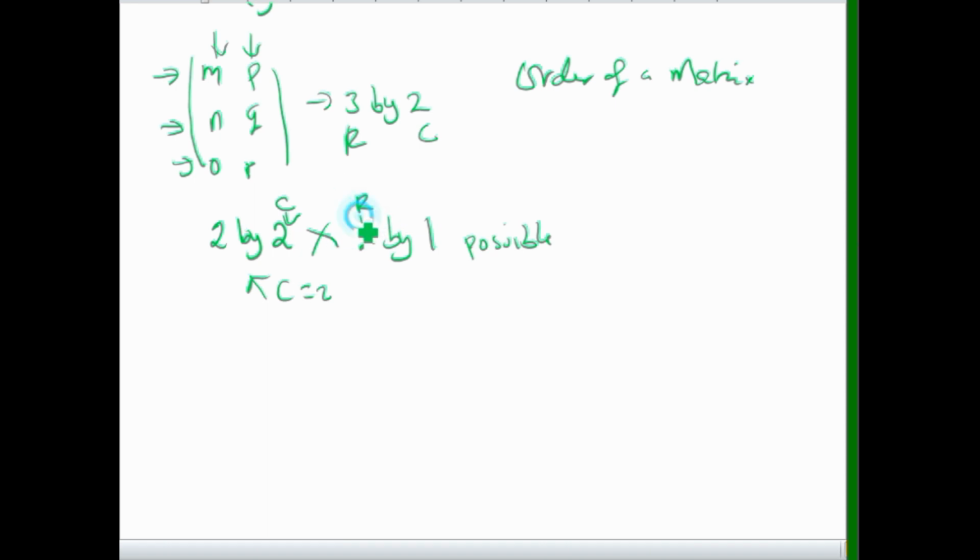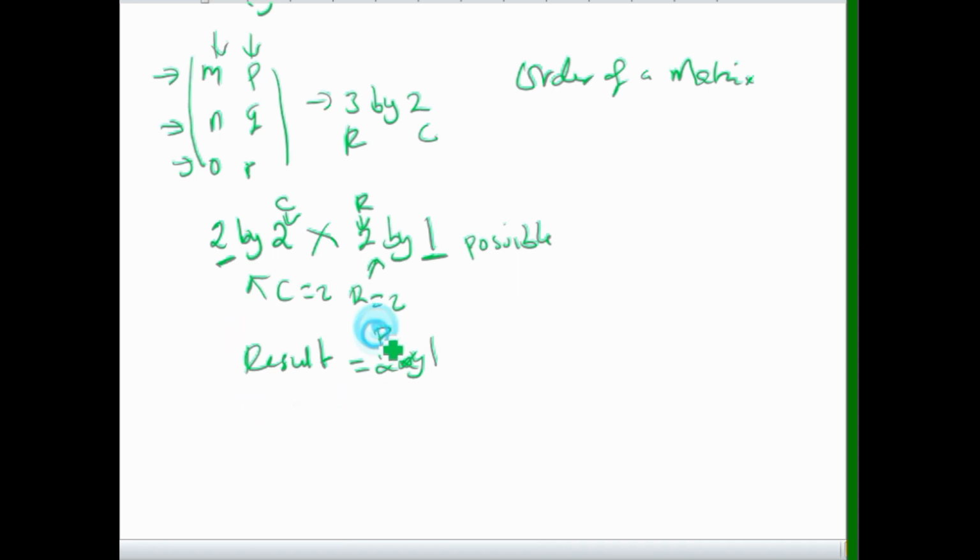So the two are equal, and if that is so, then multiplying the two matrices becomes possible, and the result will be a 2 by 1 matrix. This one is the row and this one is the column, all together. So row by column.